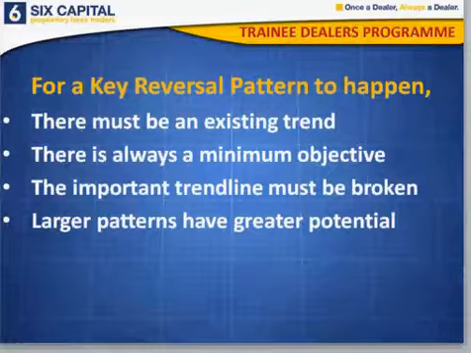The important trend line can be 2 types. One is the accelerated trend line that you have learned. What does it signal to you? Let me just ask you a question. If let's say there is a key reversal pattern formed and it breaks the accelerated trend line, what are the 2 possibilities that you would think of?